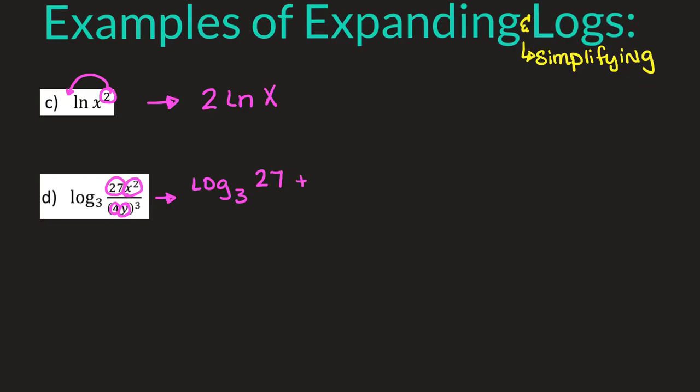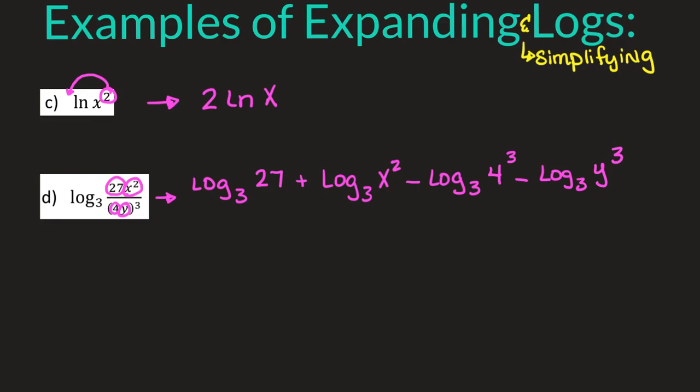So we'll put plus log base 3 of x squared minus, since we're dividing now, and everything afterwards will come as a minus log base 3 of 4 to the third power, because we're taking that 3 and it distributes as an exponent power to each of the things inside the parentheses, minus log base 3 of y to the third power.